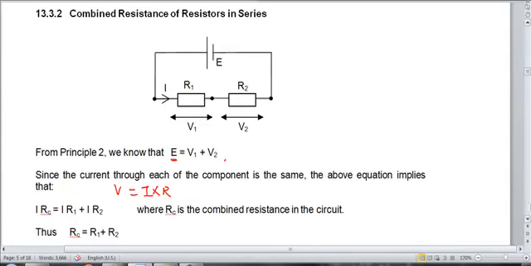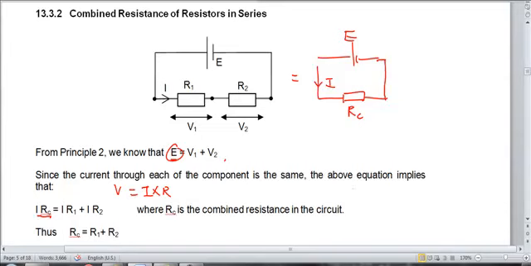So for the combined resistance, supposing this is equivalent to a combined resistance with the same current, the left hand side term E can be represented as I times RC, and each of the component terms V1 is replaced by I times R1.